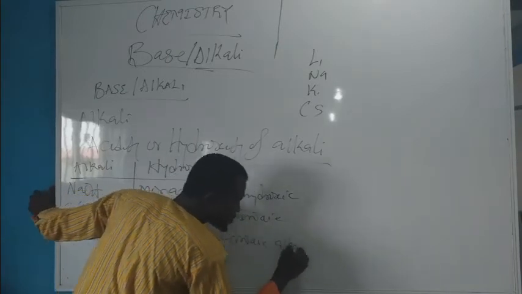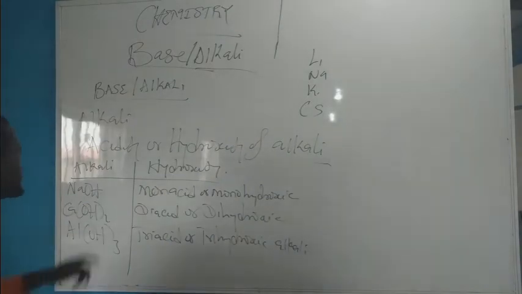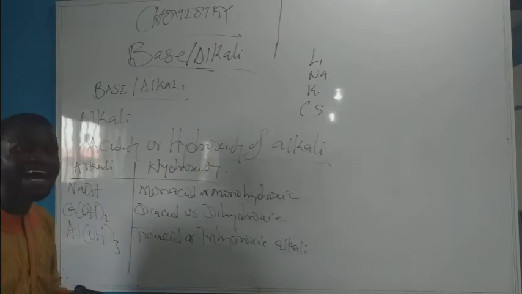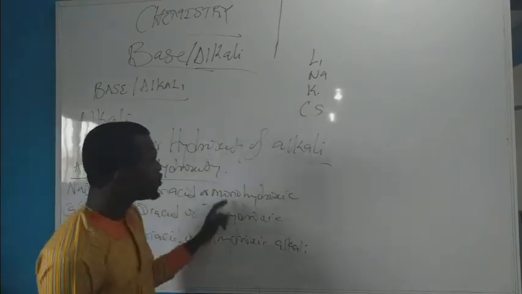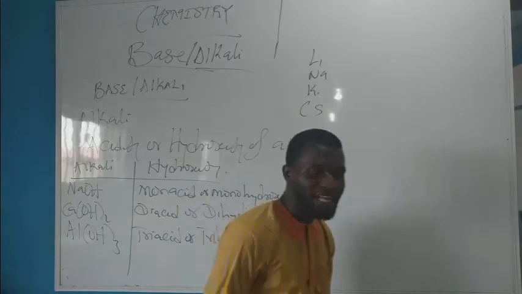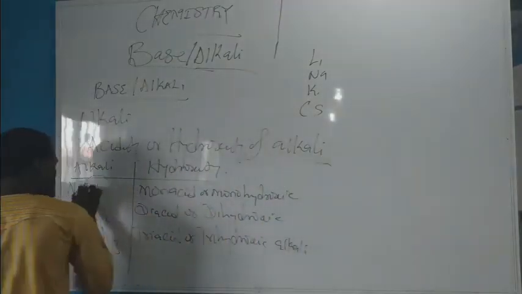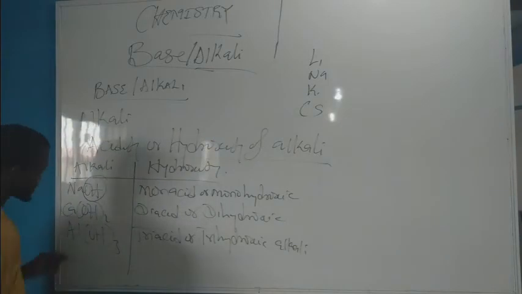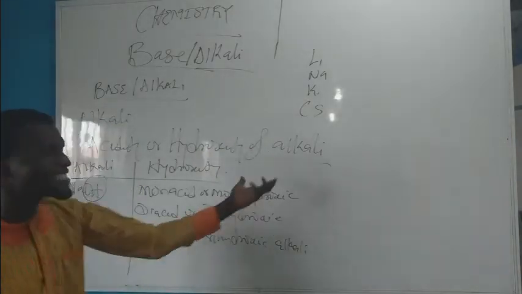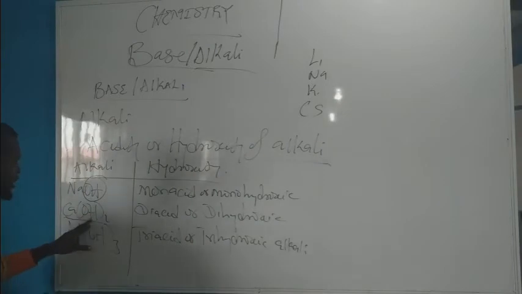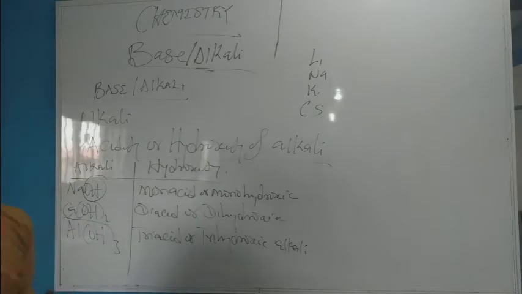Trihydrosic what? Trihydrosic alkaline. So sodium hydroxide is regarded as monoacid alkaline or monohydrosic alkaline, courtesy of the fact that it will relinquish one hydroxide ion if introduced in aqueous matrix. Now, calcium hydroxide is also considered as diacid or dihydrosic alkaline by virtue of the fact that it would liberate two hydroxide ions as evident in its molecular formula.